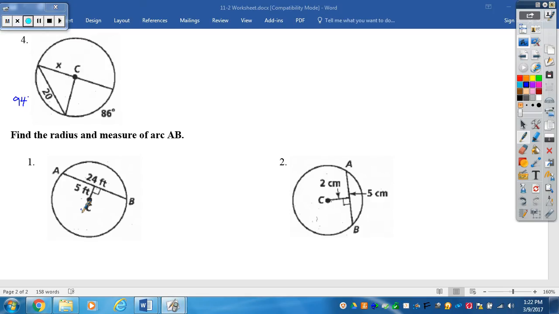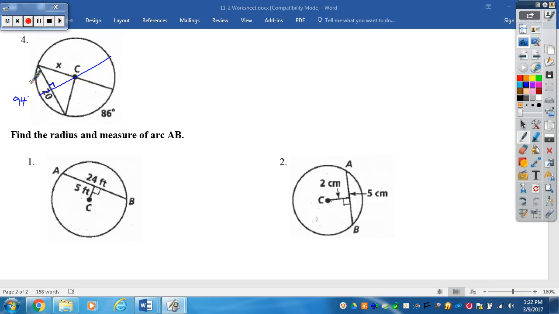Now, what I'm going to do to get x, all the problems that we've worked with so far come back to right triangles. Well, the same thing is going to be true here. I'm going to go back to a right triangle. I'm going to make this a right triangle. Now, that's helpful because this length is 10 and this length is 10 because I bisected that chord.